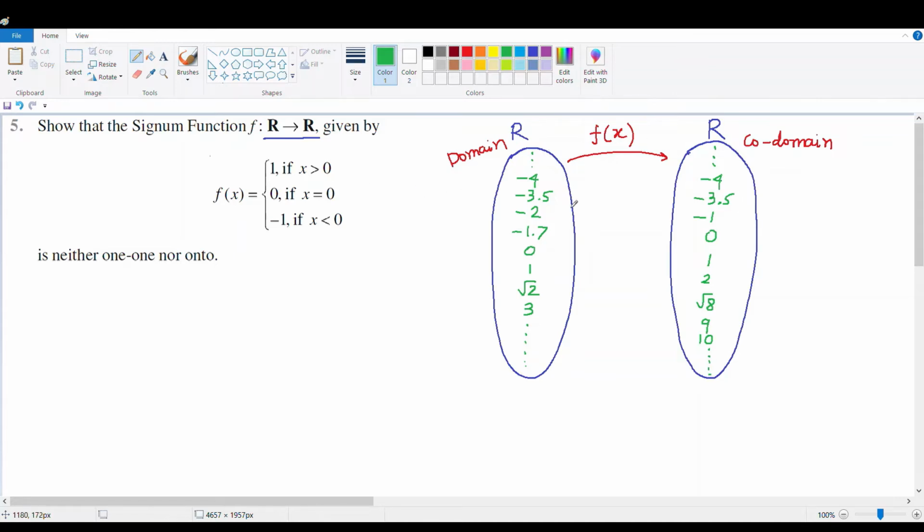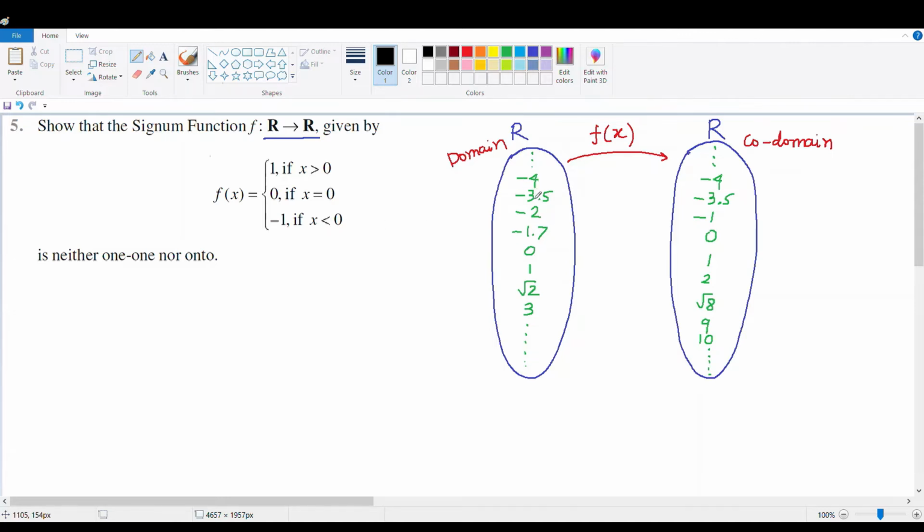Now if we try to make a relation from these domain entries to the codomain entries, let's see how it's going to look. So if you have -4 as your x, now -4 is what? Less than 0, right?